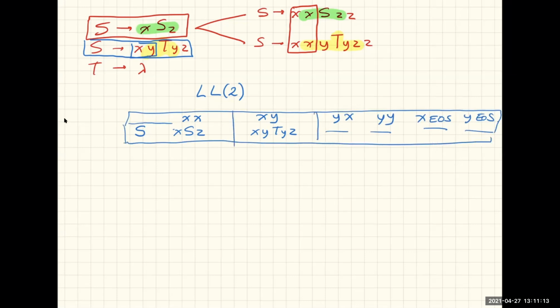So please note that we needed to see two characters ahead in order to disambiguate which rule we should apply. But then it is possible to use an LL parser in order to know which one we need to apply.